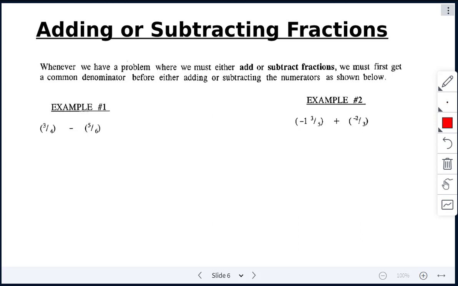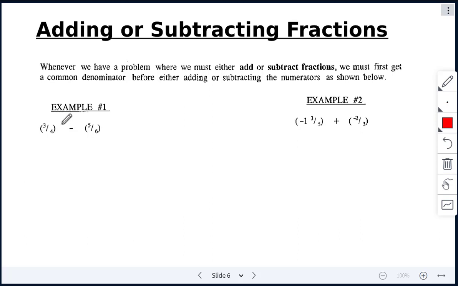All right, so we are looking at adding or subtracting fractions next. The rule when adding or subtracting fractions is that you have to find a common denominator before you can add or subtract the numerators. So here we have 3/4 minus 5/6. You can notice here the denominators are different.